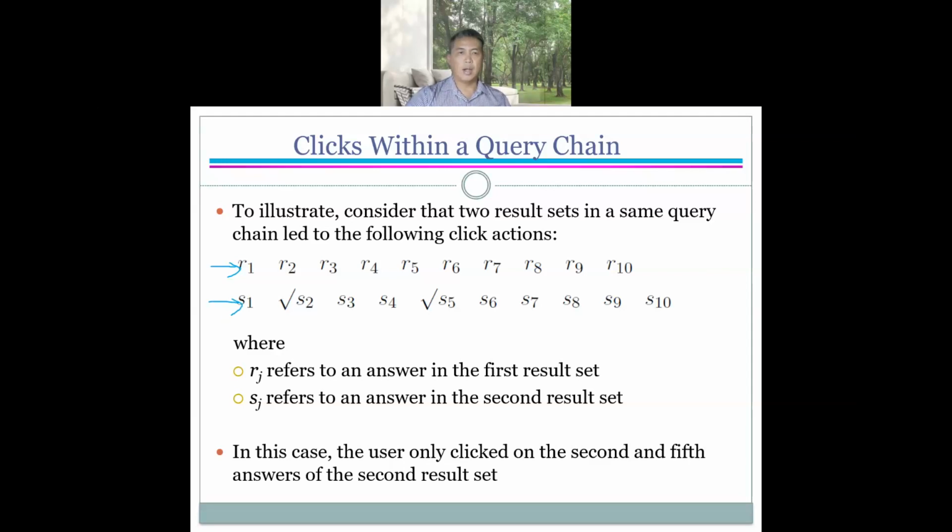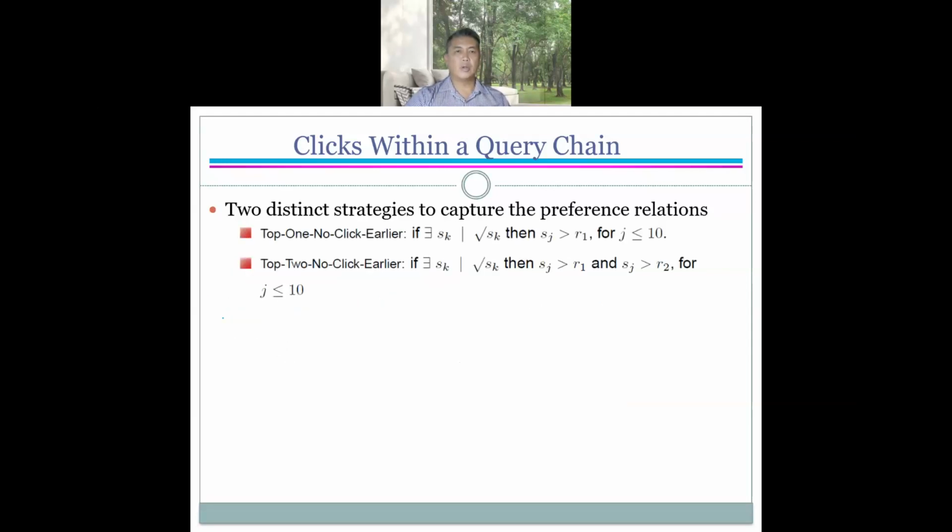When we use what we call top one no click earlier, top one means the first result. So we say that if there exists a click in the second result, then this document is more important than R1. If you look at top two no click, they are looking at R1 and R2.